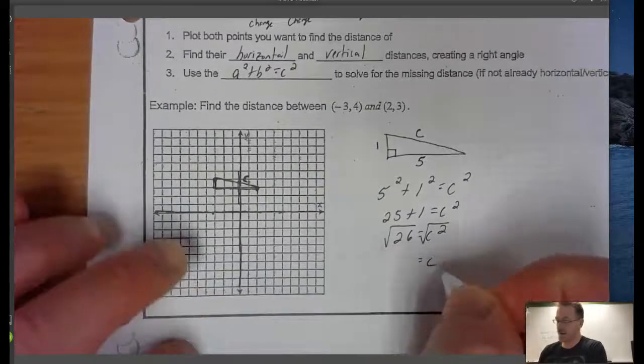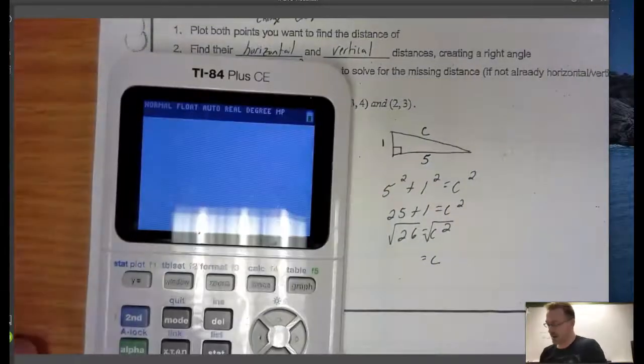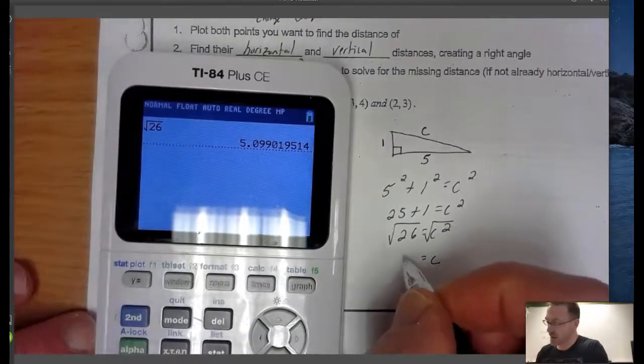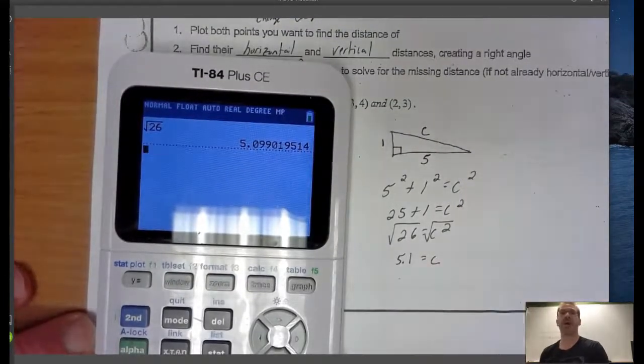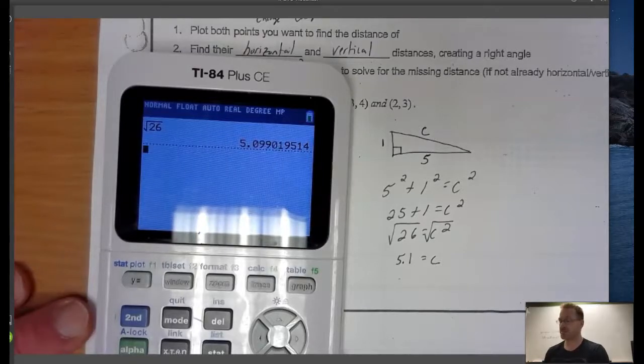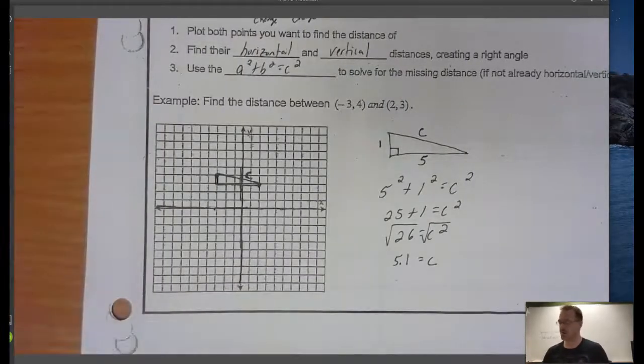On my calculator, that's the square root of 26, and that tells me it's about 5.1 units in length. And that's really your distance formula.